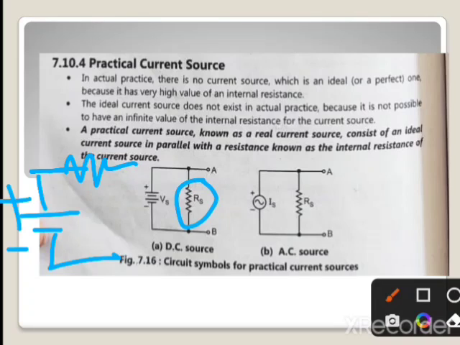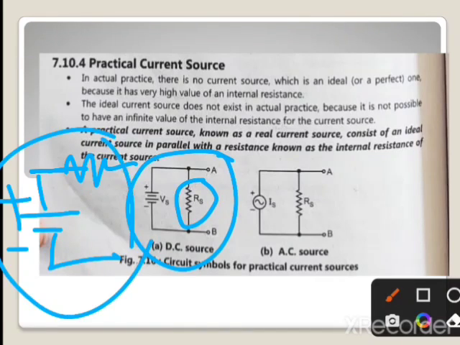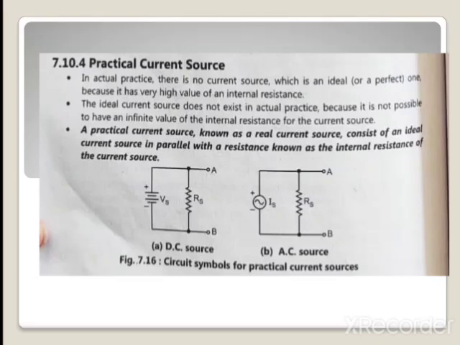Okay, so this is the difference between the practical current source and practical voltage source. You have to understand this or remember this. So a practical current source, known as a real current source, consists of an ideal current source in parallel with a resistance known as the internal resistance of the current source. Okay, so this is called internal resistance and this is your supply.